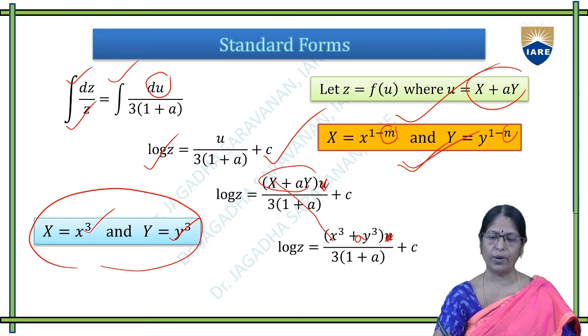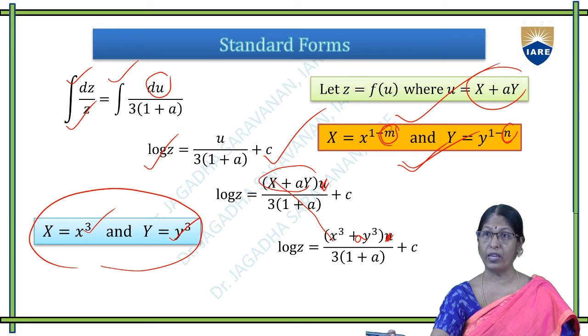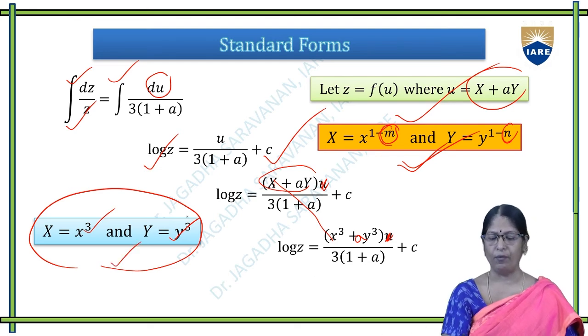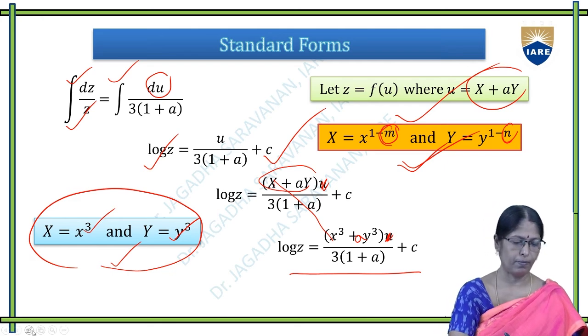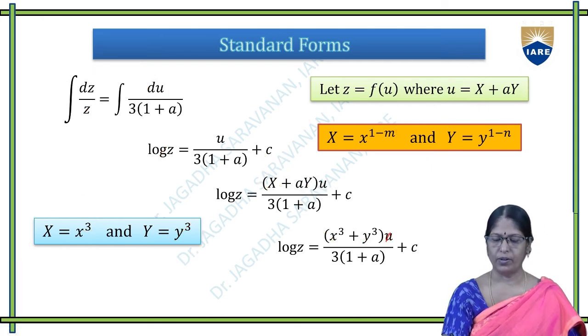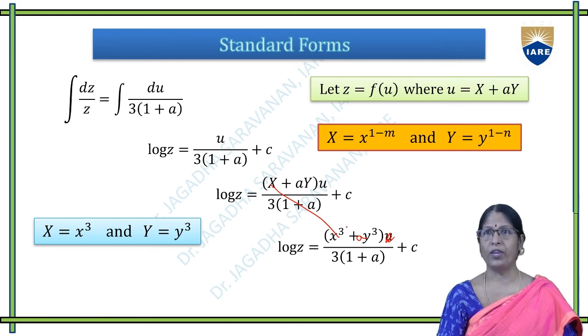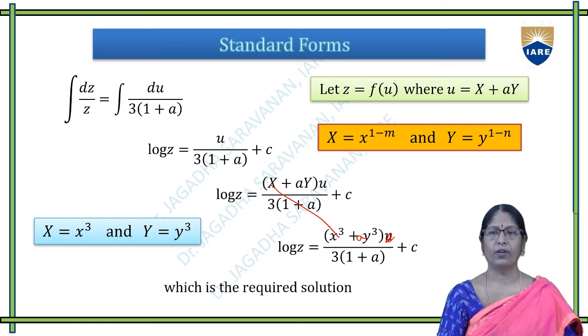After substituting in the place of m and n, that is replaced by the given power, that is our problem question, -2 we put it, this we obtained, and finally we obtained the result log z. Here it is not there, that is, here a should be there. So x cube plus a y cube divided by 3 of 1 plus a. So which is the required solution.